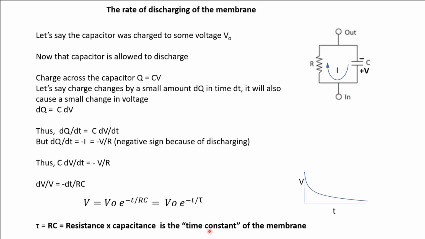If you have a larger membrane, your capacitance would be larger in proportion to the area, and the resistance would be smaller in proportion to the area. So the resistance times capacitance, this product still remains the same, whether you have a larger membrane or a smaller membrane. It is dependent only on the properties of the membrane, what is the density of ion channels, what is the thickness of the membrane, but it does not depend on the surface area of the membrane.